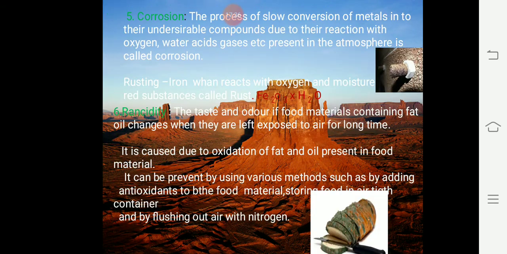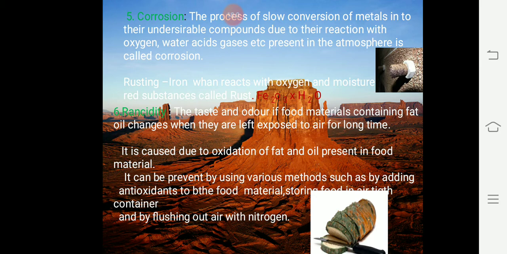Okay, next our topic is corrosion and rancidity. Corrosion means if you put some iron rods in the atmosphere, after some days you will see some rusting. That is called corrosion.